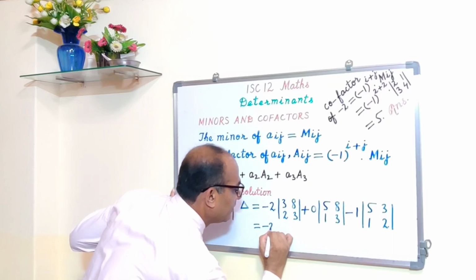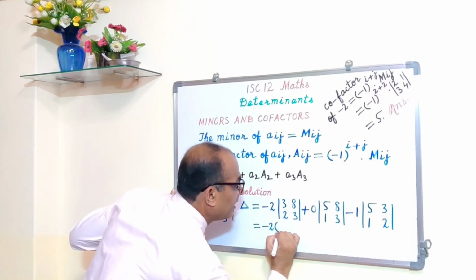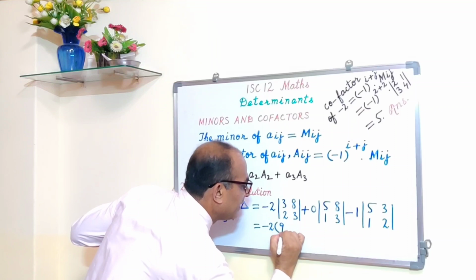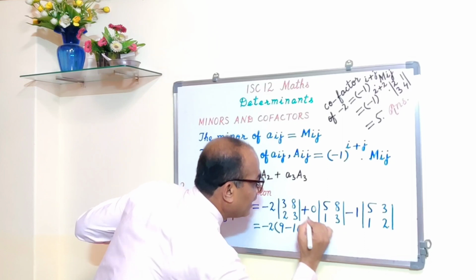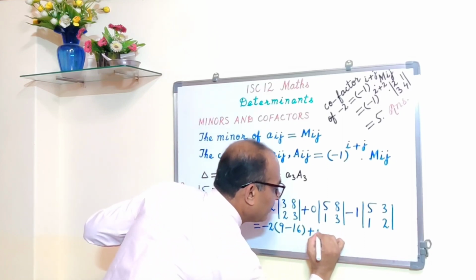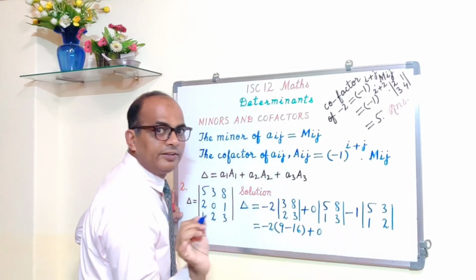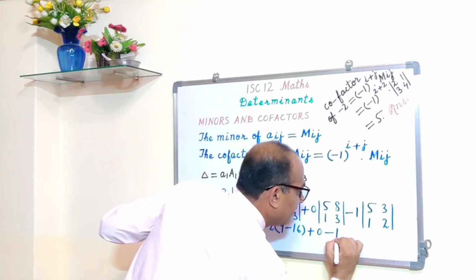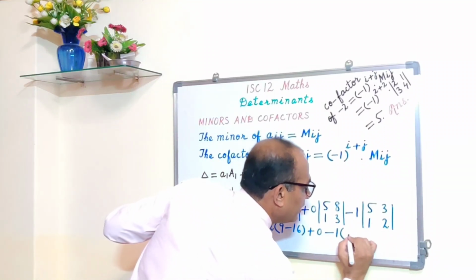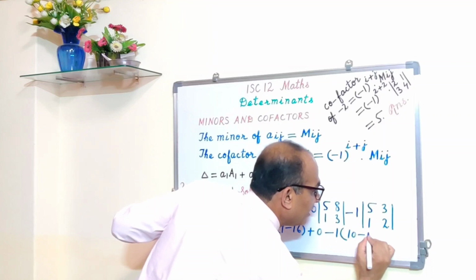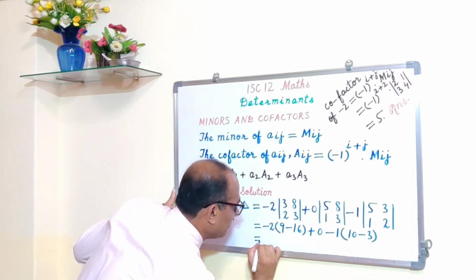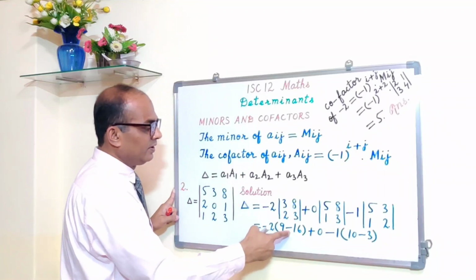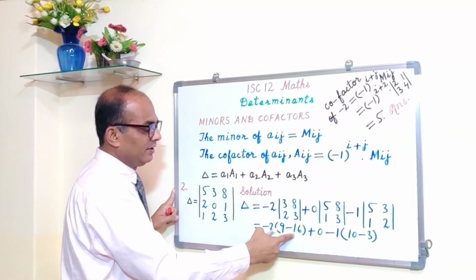And this is equal to how much? Minus 2, and we write 3 3s are 9, minus 8 2s are 16. This will be 0, 0 multiplied by anything is 0. And this is minus 1, 2 5s are 10, minus 3 1s are 3. This gives you minus 2 and minus 7, so 14.